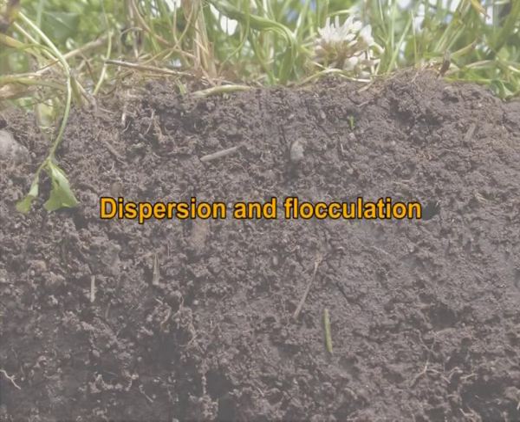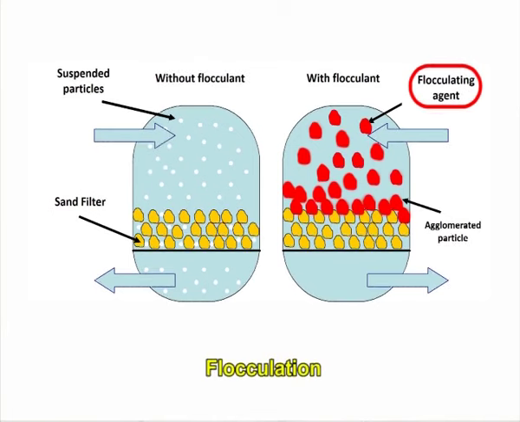Dispersion and flocculation. As long as the colloidal particles remain negatively charged, they repel each other and the suspension state remains stable. If on any account they lose their charge, or if the magnitude of the charge is reduced, the particles coalesce, form flock or loose aggregates and settle down.